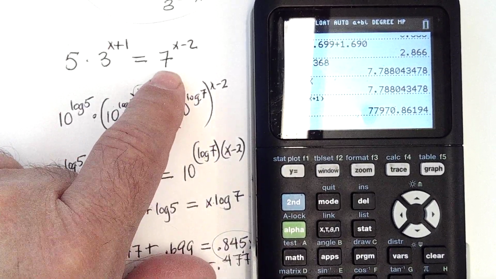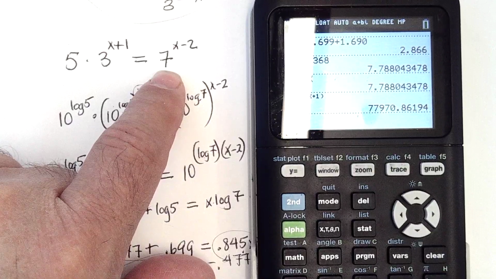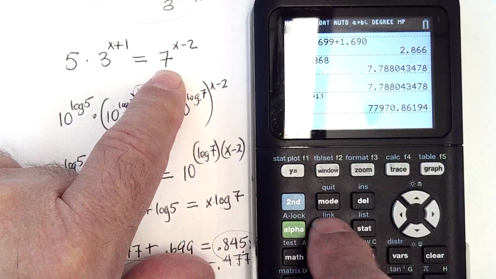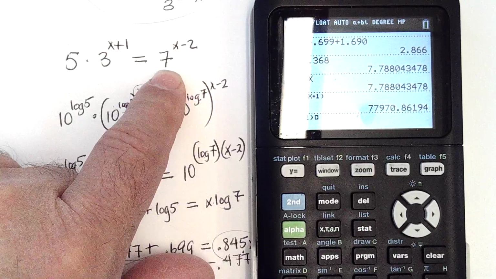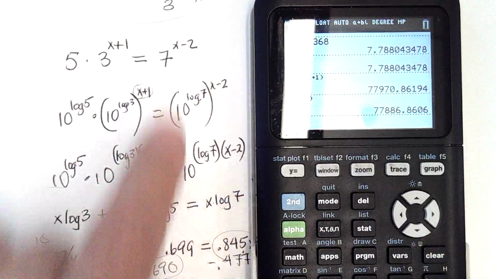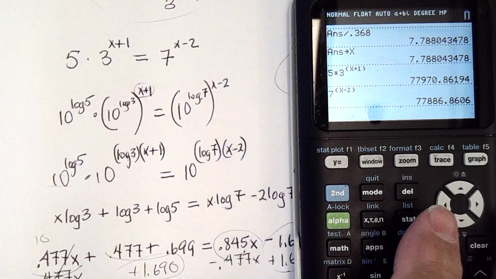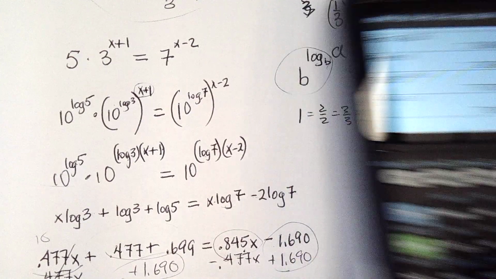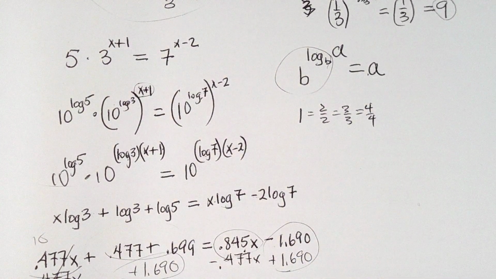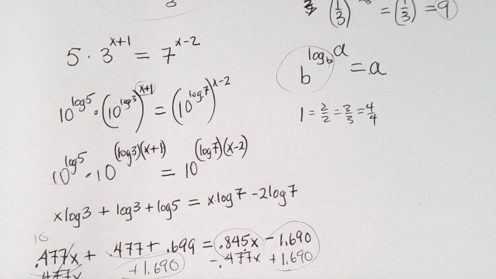Let's see what the other side comes out to be. 7 to the x minus 2. It comes out to be pretty close. Now, I did a lot of rounding, so we're a little bit off, but it's close. So this is fairly close to the correct answer.